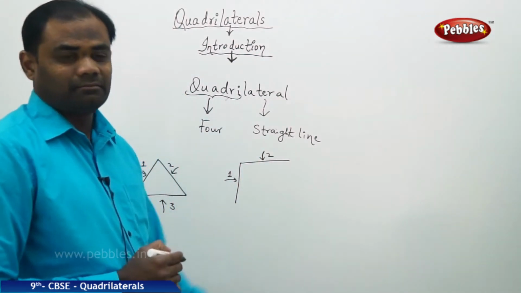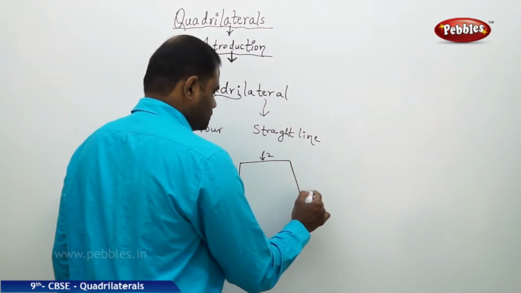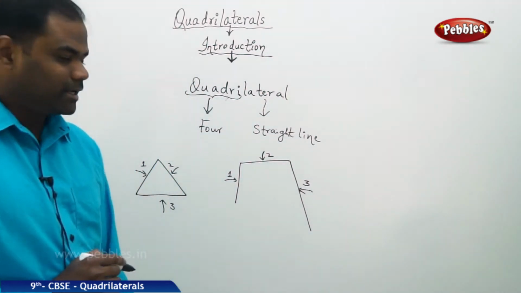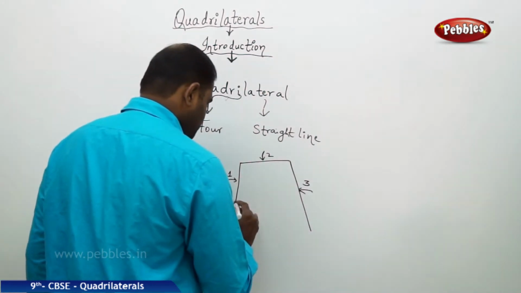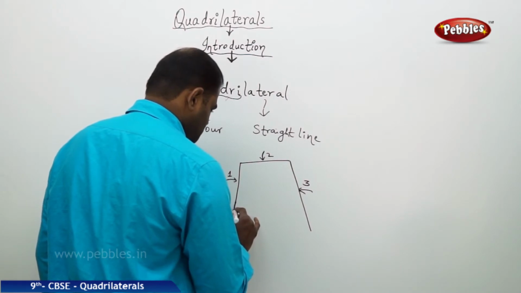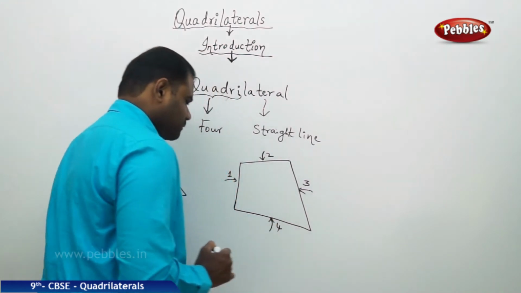I take the third line and join it somewhere here. And then I take the fourth line and join it here. So here my fourth line is joined.